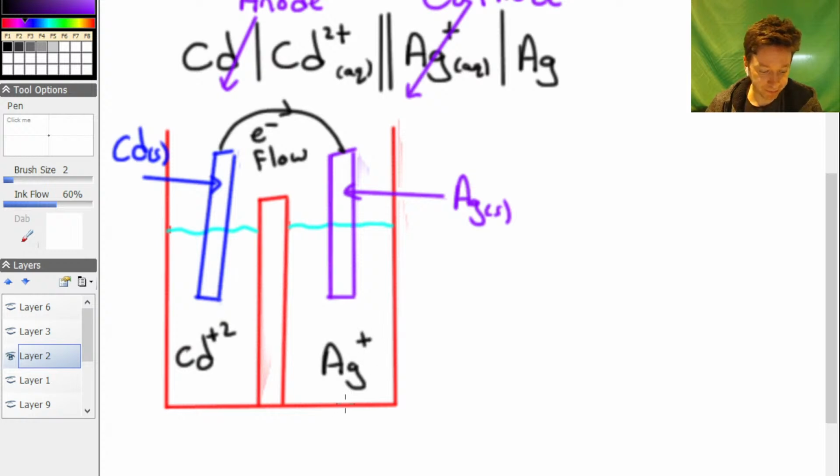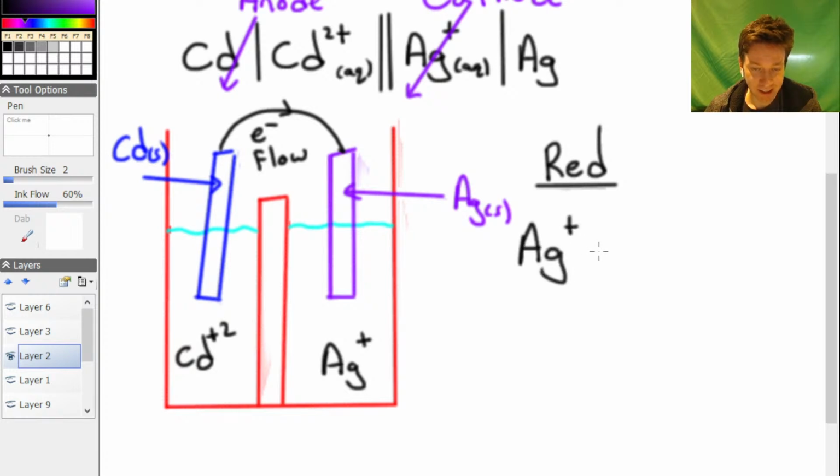All right, so what's being reduced, what's being oxidized? Let's first check out our reduced. You reduce if you gain electrons, and the electrons are going over to silver. So silver is being reduced. So let's write that. We've got silver ions gaining these electrons, forming our silver solid. Should write the states here, aq.